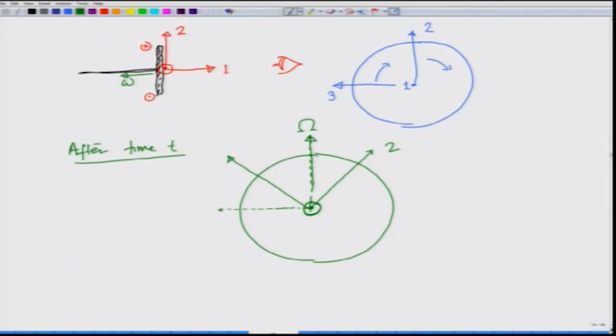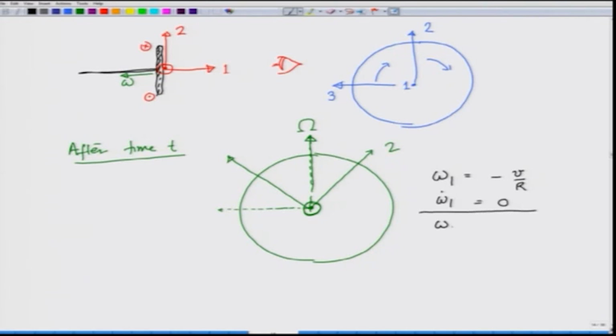So, let us write these quantities. Omega 1 is equal to minus v over r, because it is pointing in the direction opposite to the direction of axis 1, and omega 1 dot is therefore 0.